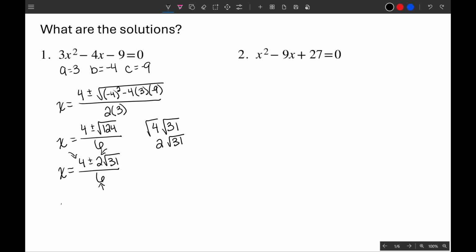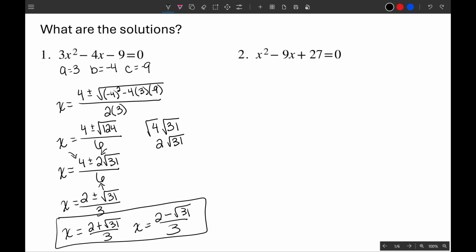I can reduce all of those by 2, so 4 divided by 2 is 2, 2 square roots of 31 divided by 2 is just the square root of 31, and 6 divided by 2 is 3. So I have x is equal to 2 plus the square root of 31 over 3, and x is equal to 2 minus the square root of 31 over 3.